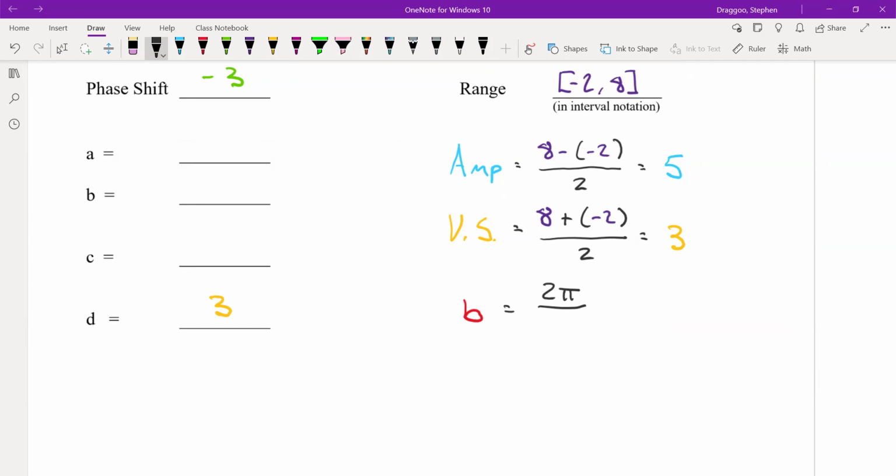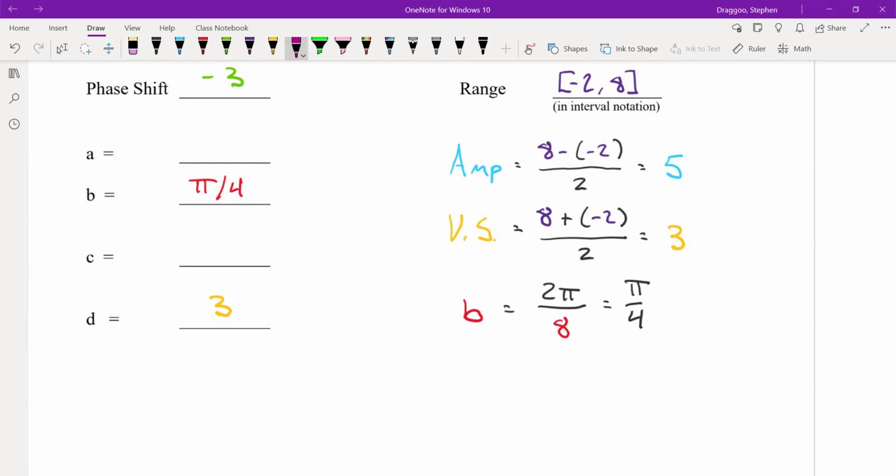We don't really need too many Greek letters yet. But cool. 2 pi divided by the period is B, so 2 pi over 8 gives me pi over 4. So I'll fill that in for B up here. Pi over 4.